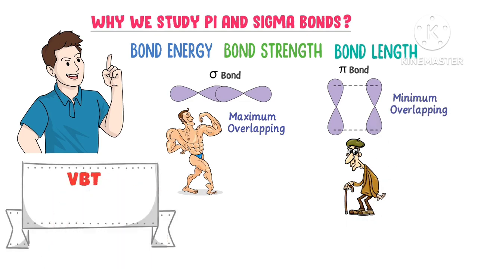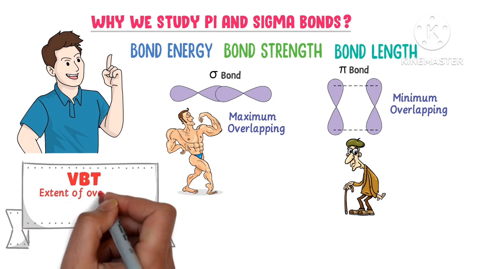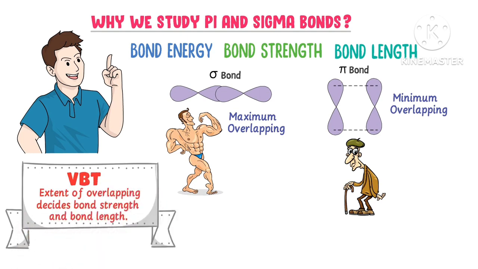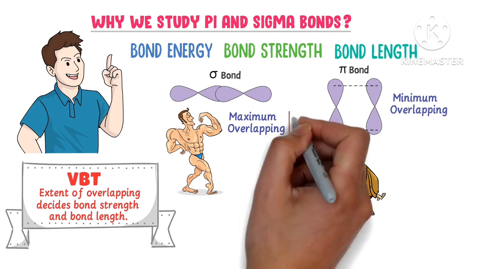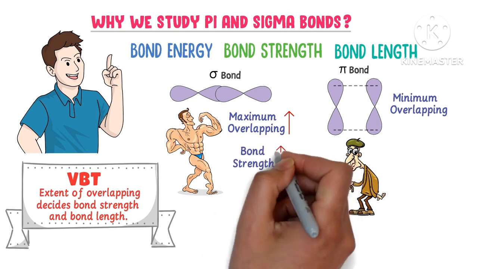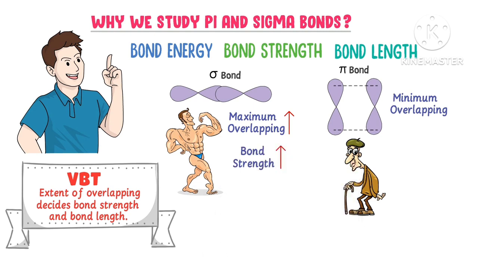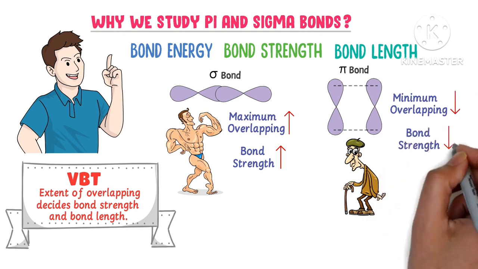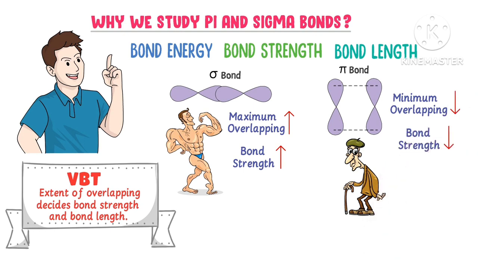Also, according to valence bond theory, extent of degree of overlapping decides the bond strength, bond energy, and bond length. So we therefore say that sigma bond is stronger than pi bond. Secondly, the greater the overlapping between two orbitals, the greater will be the bond strength or bond energy. While the smaller the overlapping between two orbitals, the smaller will be the bond strength or bond energy.